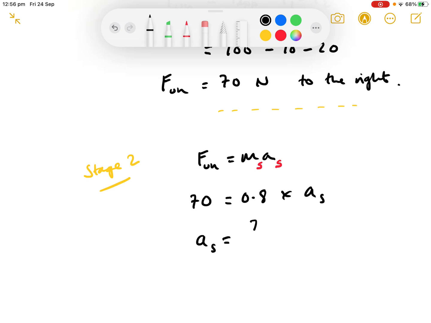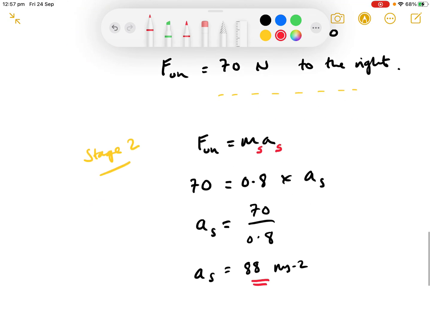So the acceleration of the system then is 70 over 0.8. And when you do that, 70 divided by 0.8, you'll get 87.5. I'm just going to round that up to two significant figures, 88 meters seconds to the minus 2.